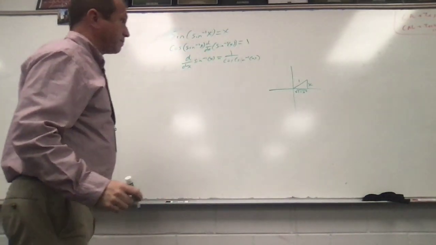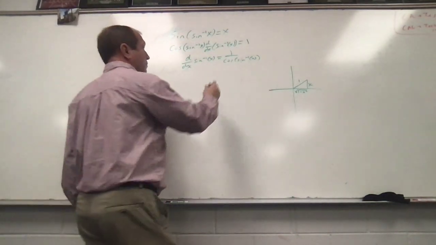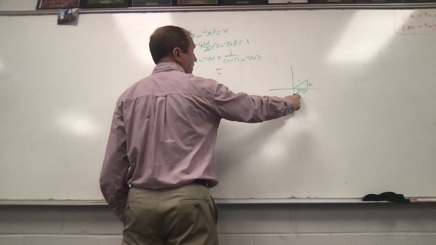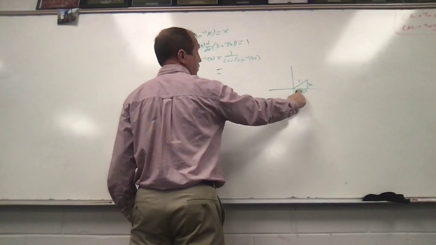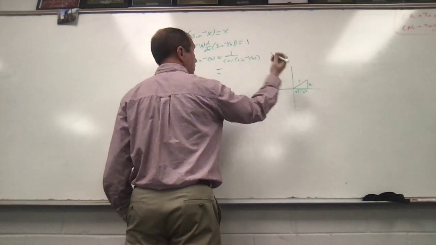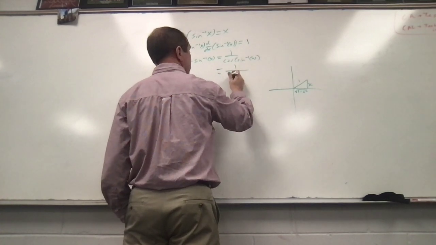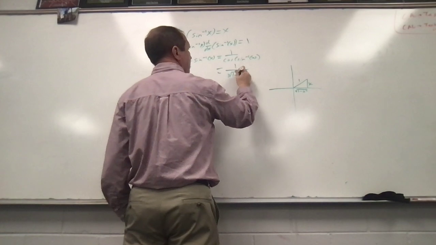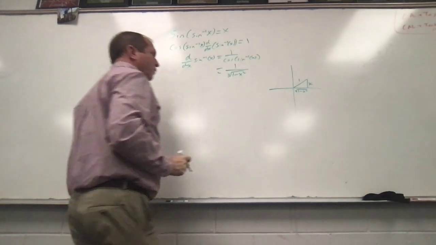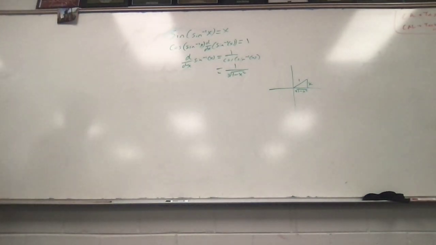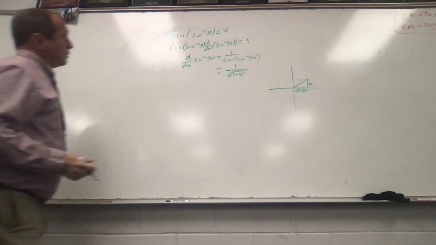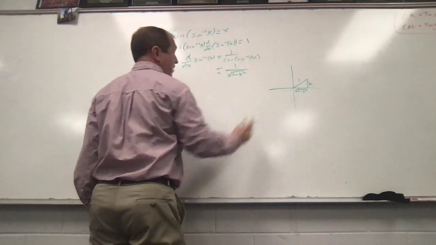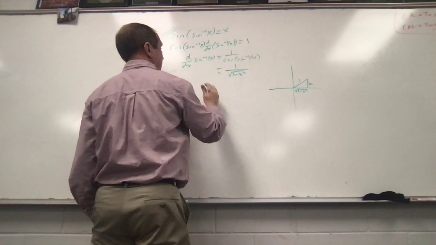So the cosine is the square root of 1 minus x squared over 1, so we just say it's the square root of 1 minus x squared. So that is the derivative of sine of x.